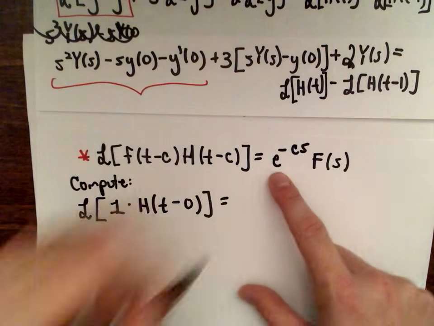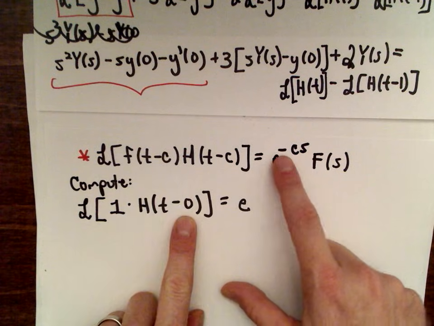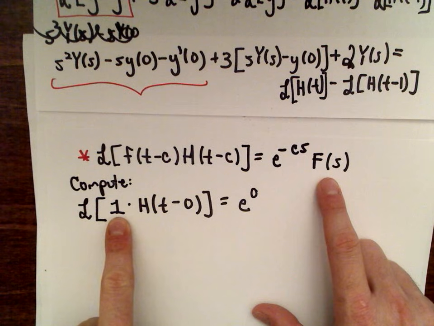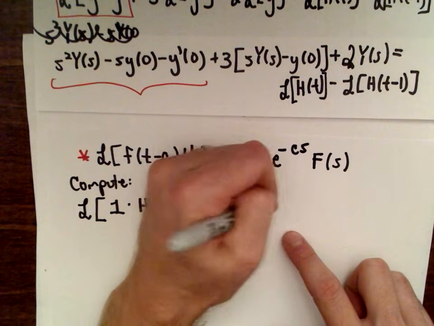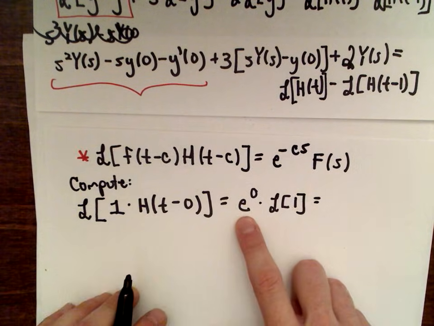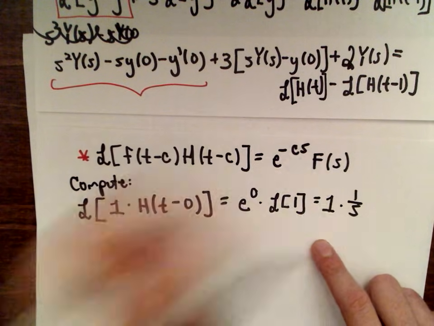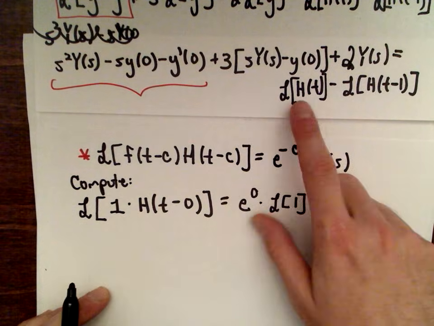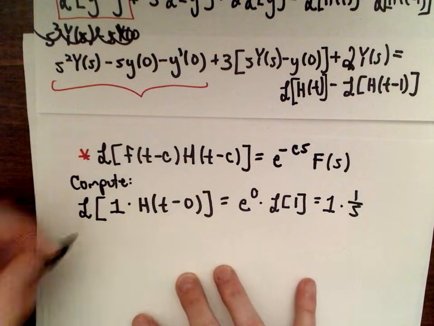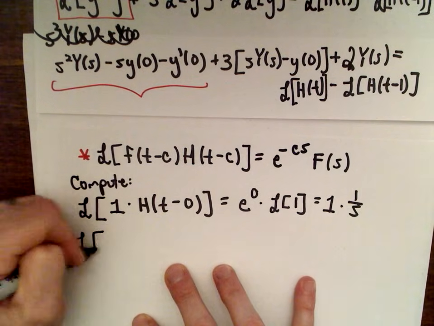According to our formula, we get e raised to the negative 0 times s, or e to the 0 power, and then we have to compute the Laplace transform of 1. And e to the 0 is just 1. The Laplace transform of 1 turns out to be 1 over s. So the Laplace transform of the Heaviside function h of t is just 1 over s.